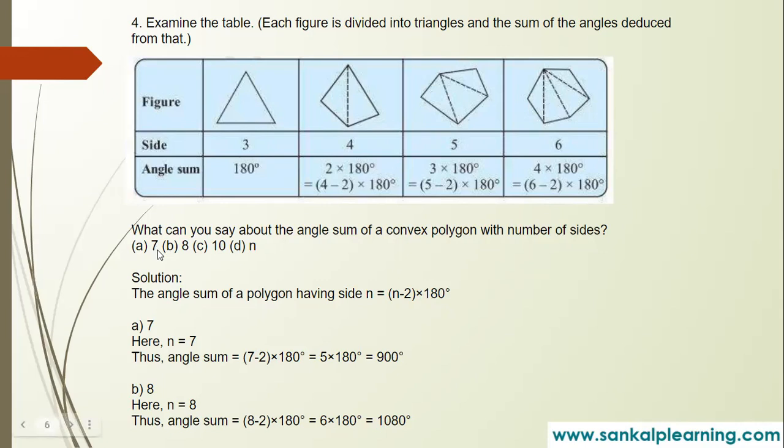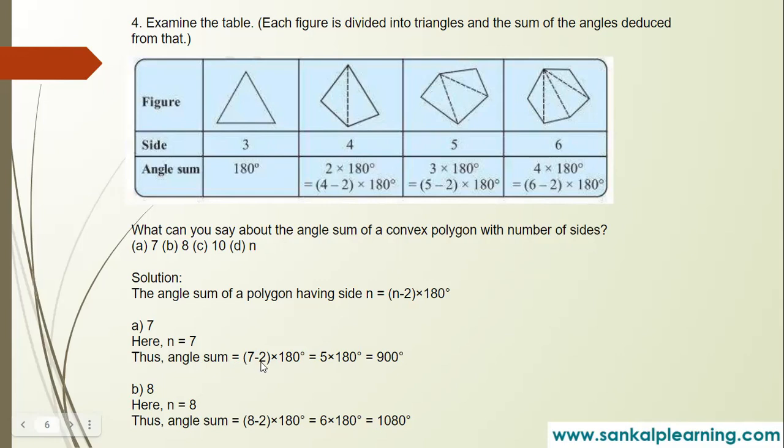So they have given us 7, 8, 10 and n to find out. First one, number of sides. They have given heptagon. A polygon with 7 sides is a heptagon. So n is equal to 7. Then the angle sum of all the 7 angles, how much will the sum of the 7 angles be?